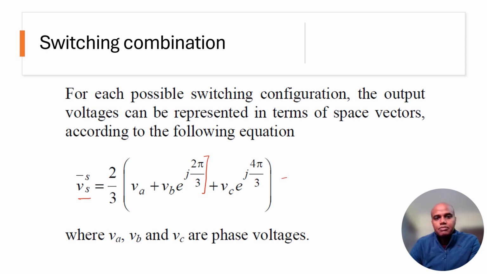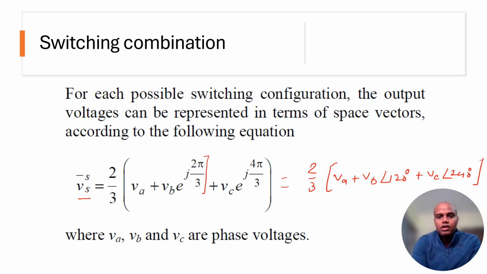It can also be represented in polar form as 2/3 times VA plus VB at an angle of 120 degrees plus VC at an angle of 240 degrees, where VA, VB and VC are the phase voltages. Let's understand how the switching states generate the voltage space vector with different angles.